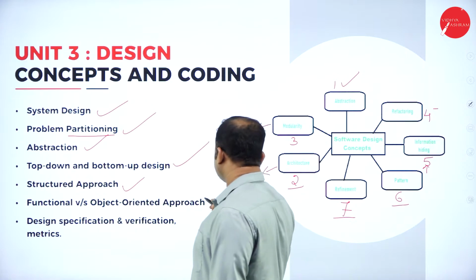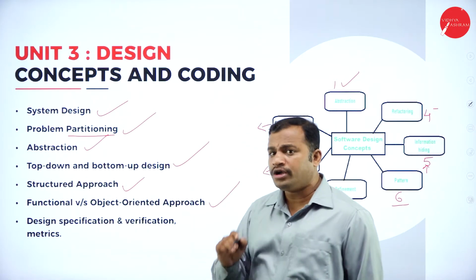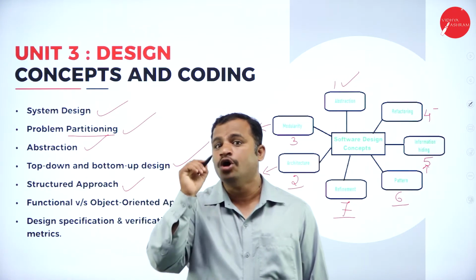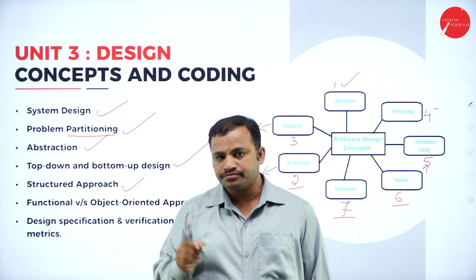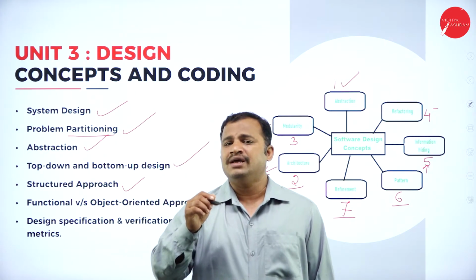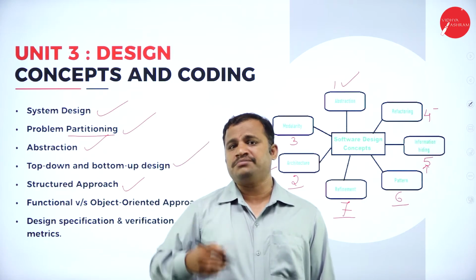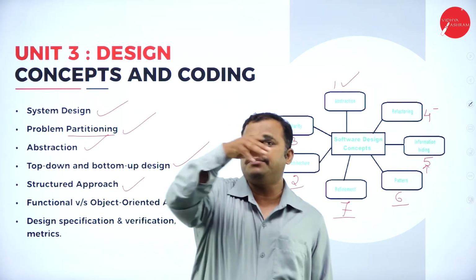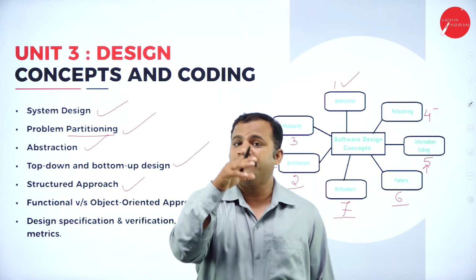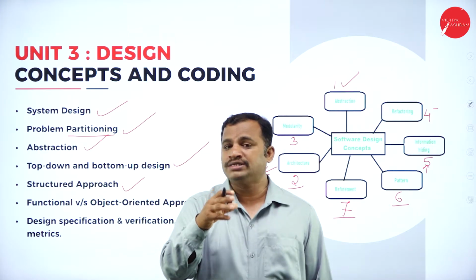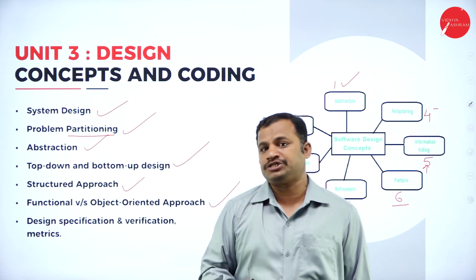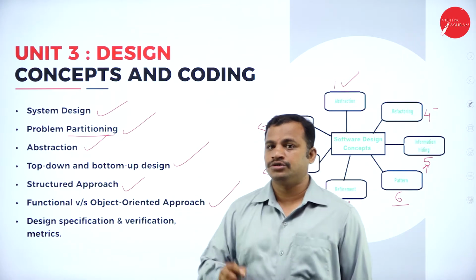Then functional versus object-oriented approach. What is the meaning of functional versus object-oriented approach? When a user enters data into the system, it has to go through different modules. That is called a functional approach, also called functional requirements. Then object-oriented approach.